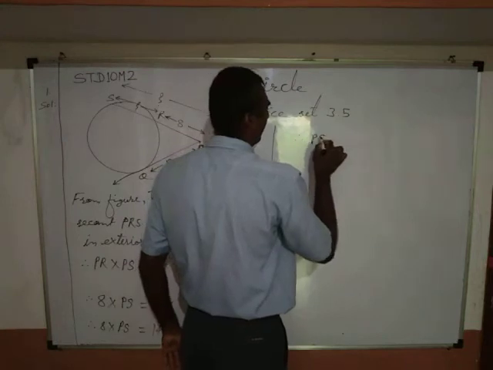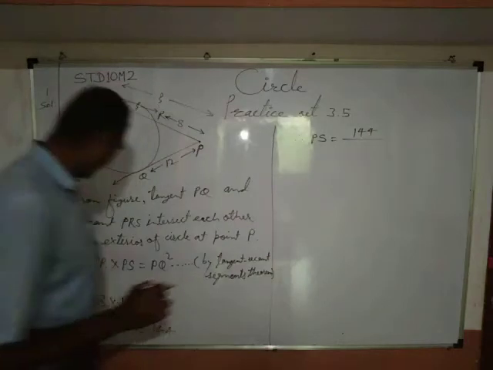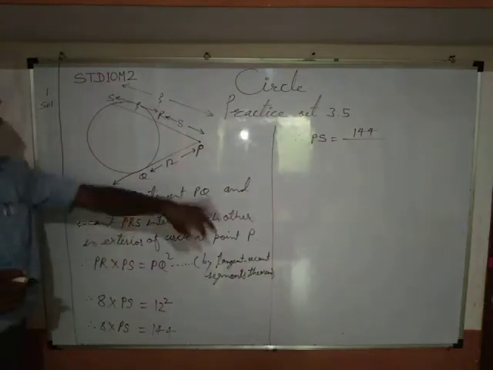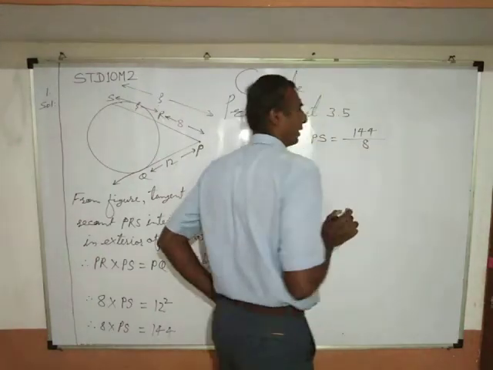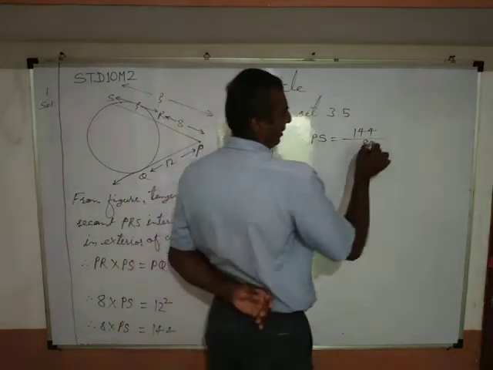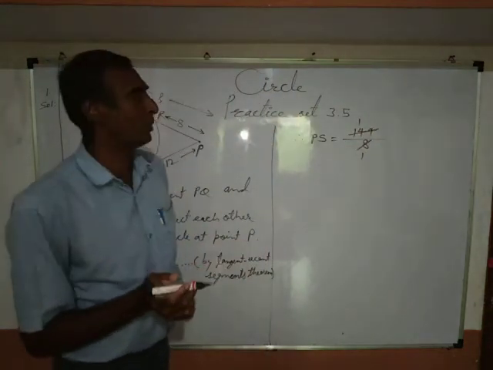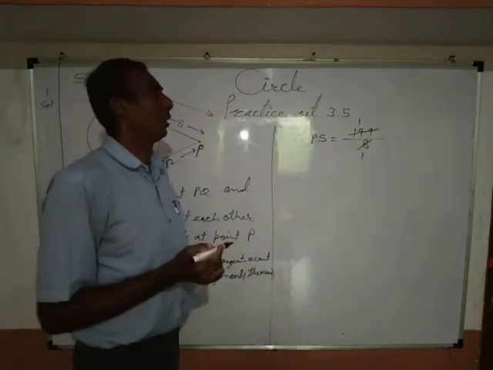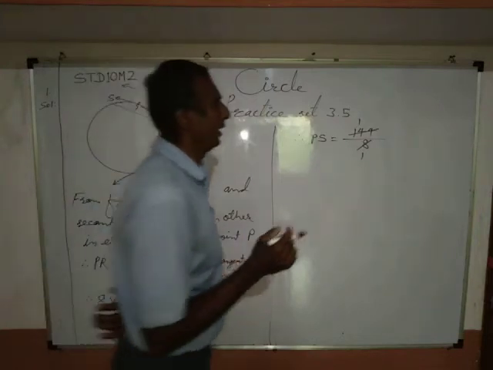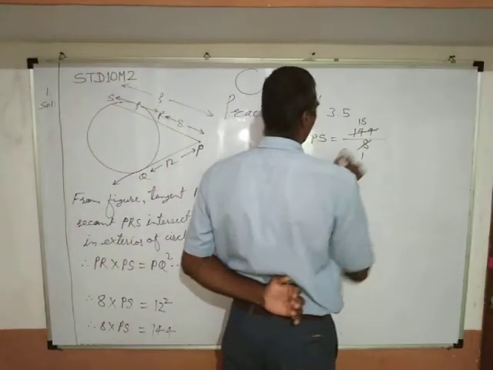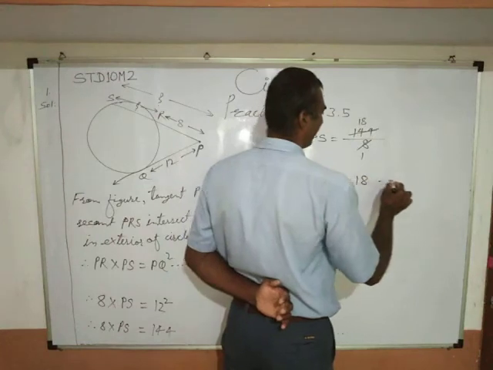Therefore PS equals 144 divided by 8. 8 ones are 8, 8 ones are 8. Remainder would be 6, and on putting 4 next to that 6 we get 64. 8 8s are 64. Therefore PS equals 18.